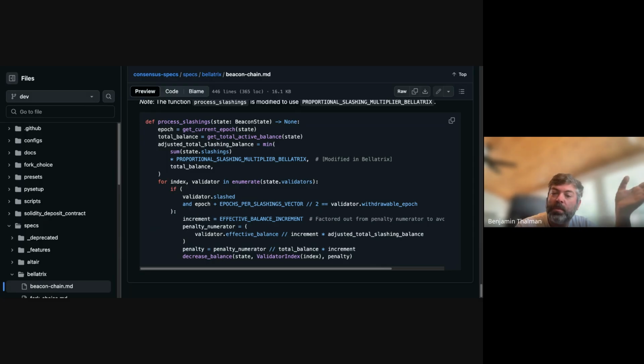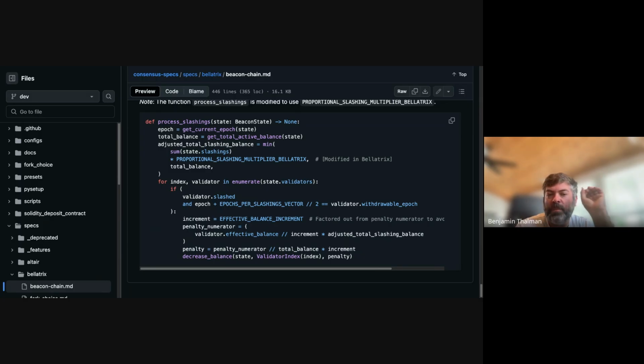Below 1.1% of stake committing a slashable offense in your 36-day window means that no penalty will apply. Above 1.1%, and you will have the proportional slashing multiplier applied. That's the conditional aspect of the proportional slashing multiplier.